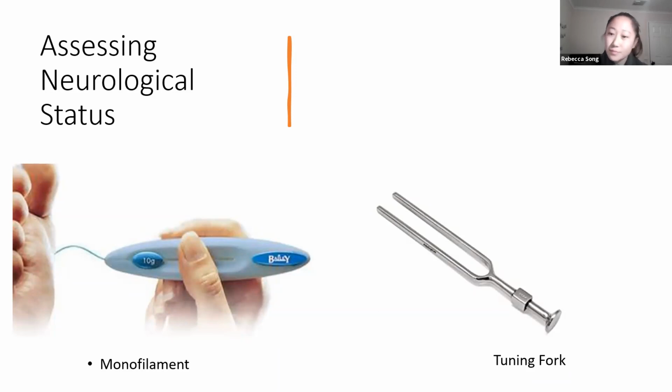Excuse me, Rebecca. My name's Devon. I had a question about the tuning fork. Is that just a manual way of doing the monofilament, essentially? Because the monofilament sounds like a little piece that you put underneath the sole of the foot, and then you ask them, do you feel it or not?